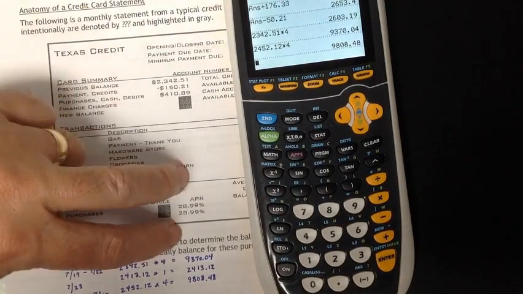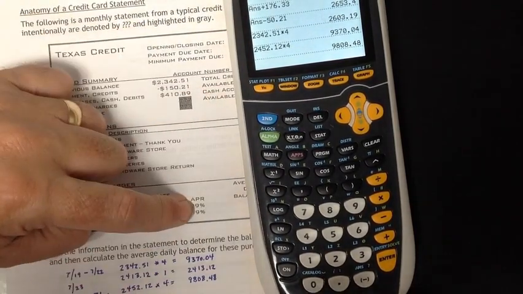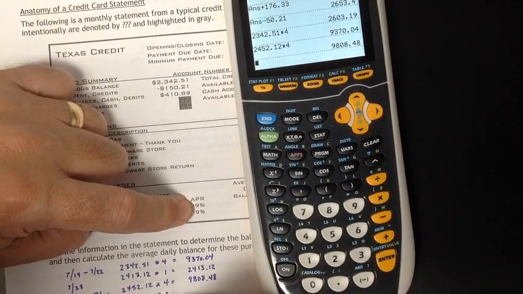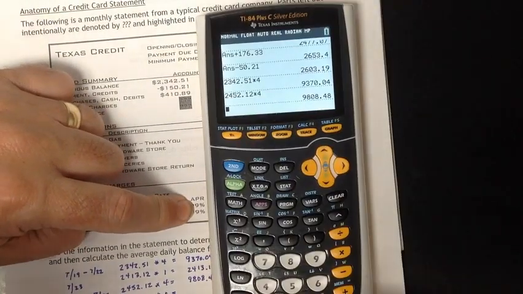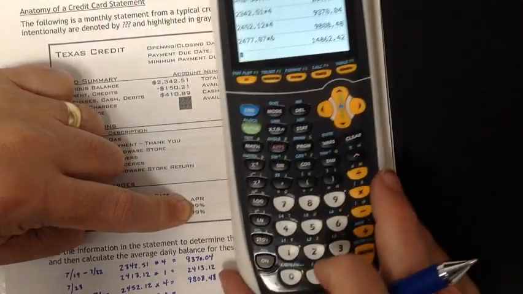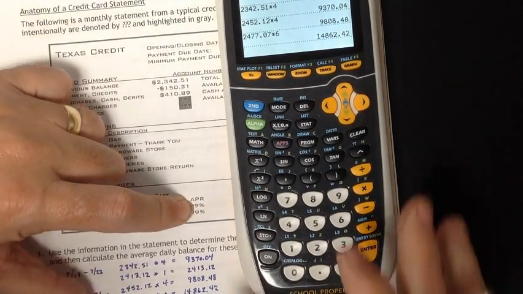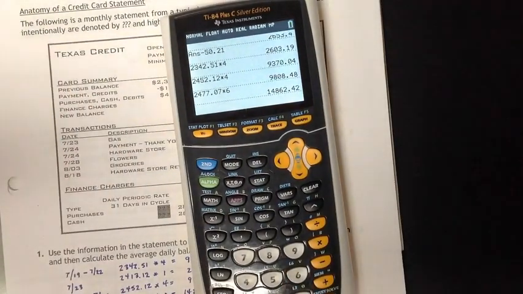So 28, 29th, 30th, 31st. The first, that's 5 days. The second makes 6 days. So times 6 here. 2477.07 times 6 is 14,862.42.